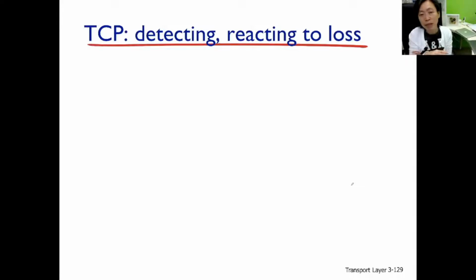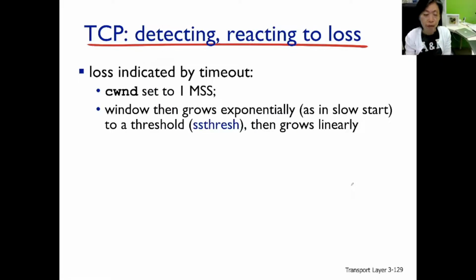In fact, in TCP's congestion control, we also adjust the window size differently depending on which type of loss is detected. First is a loss detected by the timer timing out. We then set the window size all the way down to one segment, and then grow exponentially just like in the slow start state.